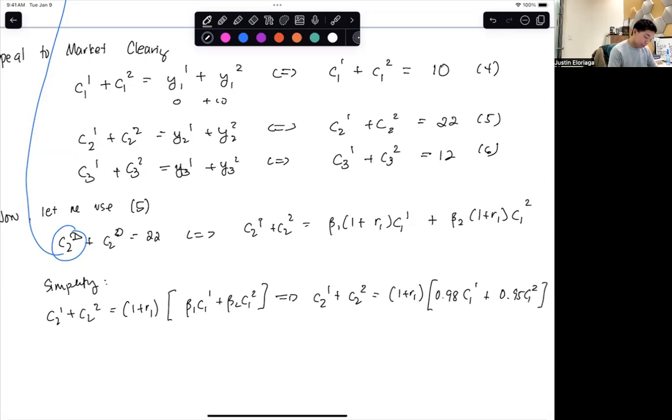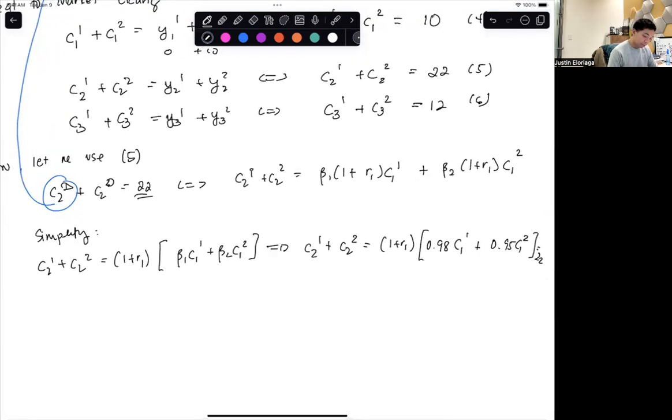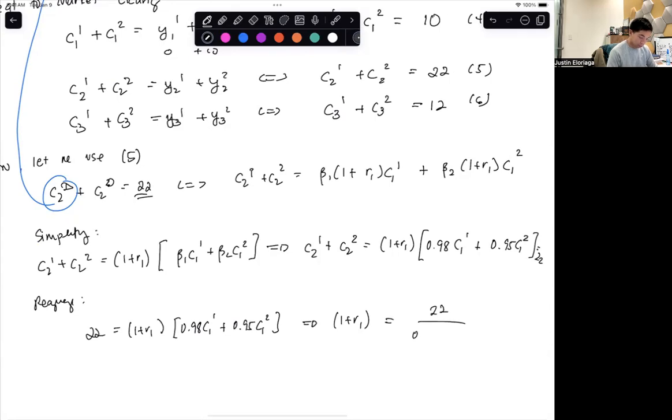I also know that this is equal to 22. So from here, rearrange: 22 is equal to 1 plus R1 times 0.98 C11 plus 0.95 C12. Further rearranging, I want to isolate R1. So 1 plus R1 is equal to 22 divided by 0.98 C11 plus 0.95 C12.